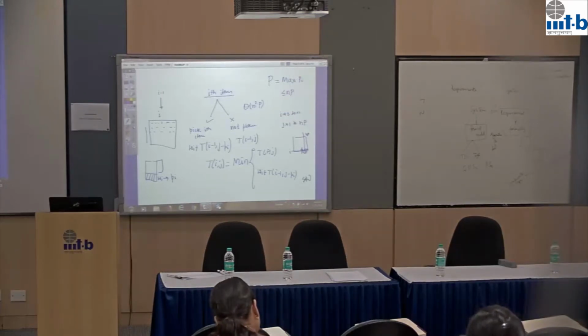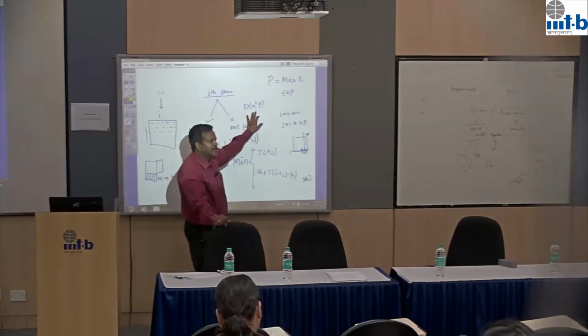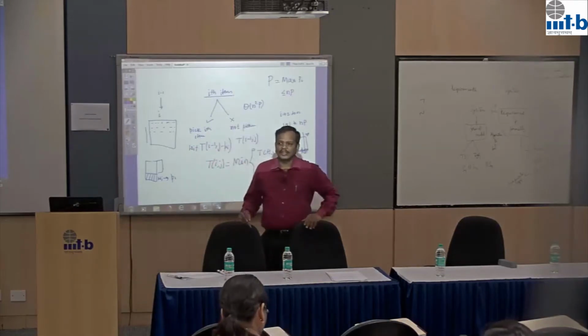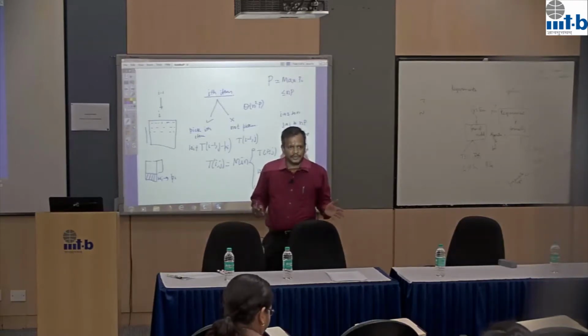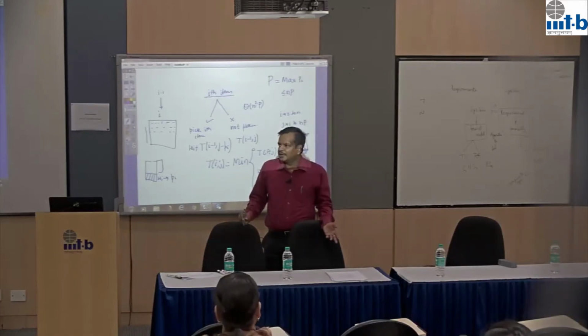In that case, the maximum is going to be a 10-digit number, but the n is only small. So this P can be very large compared to n, but when you want to consider something as a polynomial time algorithm, then the running time of the algorithm should be proportional to the size of the input. Even if the number is 10 to the power 10, the size of the input is only 10 digits.